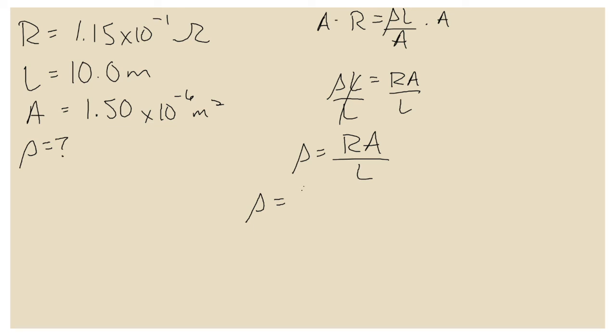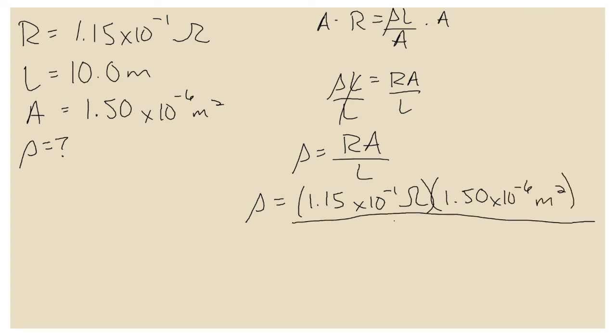So rho, the resistivity, is 1.15 times 10 to the negative 1 ohms times the cross-sectional area, 1.50 times 10 to the negative 6 meters squared. And then we're going to divide that by the length of the wire, which is just 10 meters.